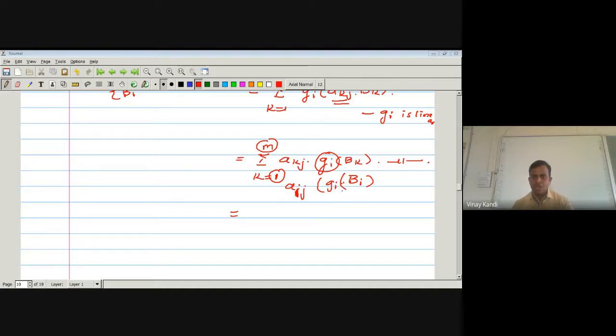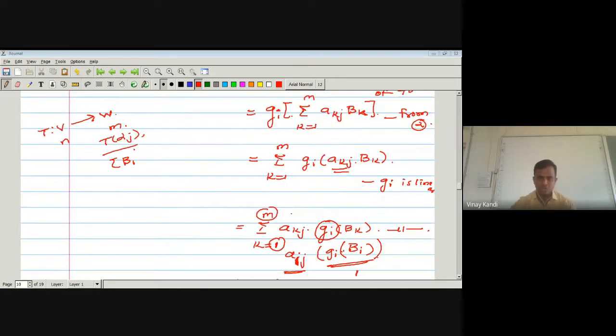Now GI of BI, the value of this one is 1. Now this coefficient is AIJ, and all the other coefficients are 0 by the definition of dual basis. Look at it.